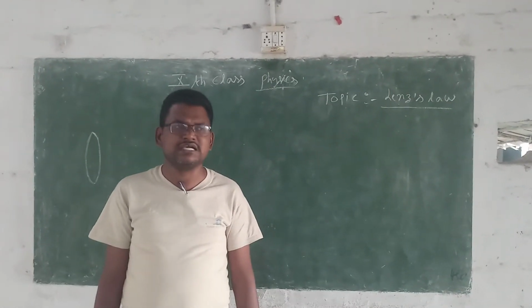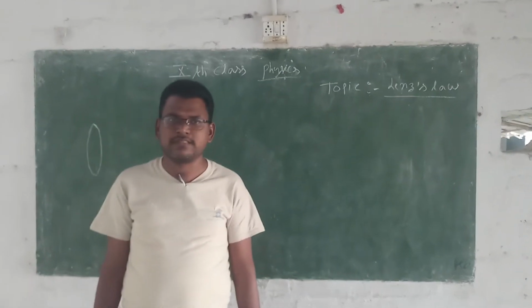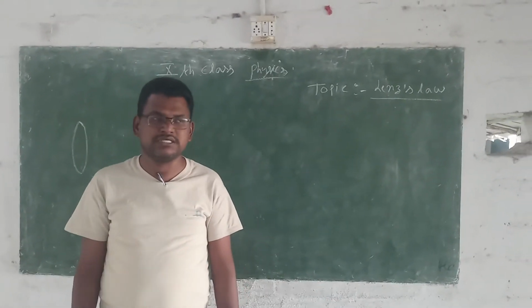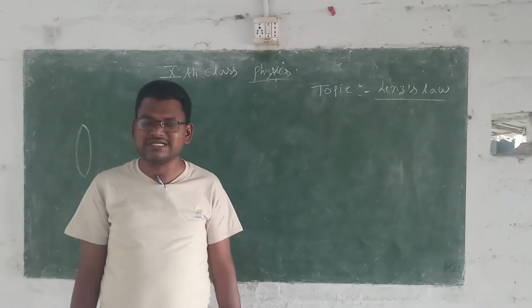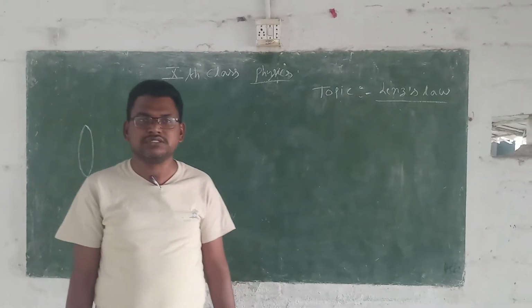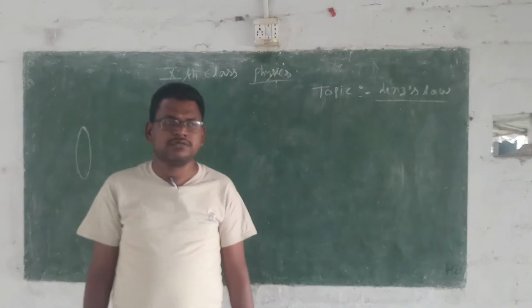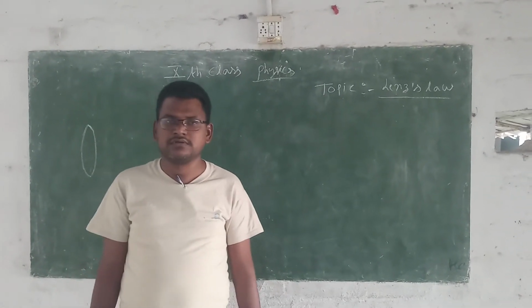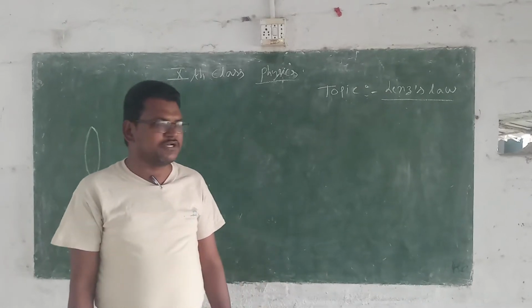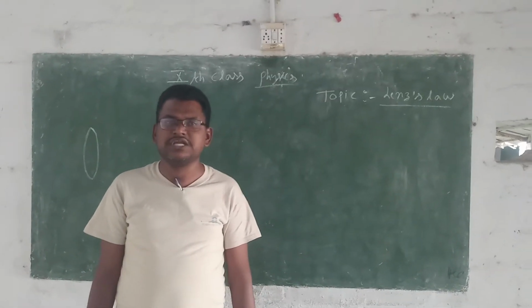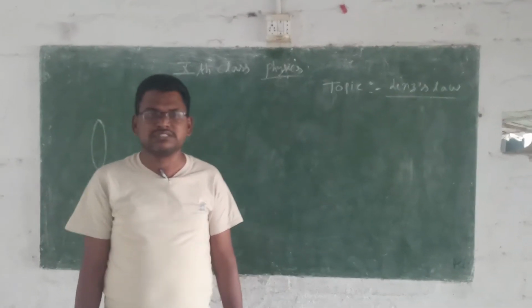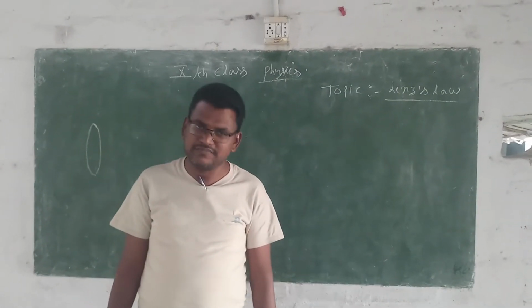In Faraday's experiments we saw that when the coil and the magnet are in relative motion, there is an induced current and an induced EMF in the coil. So what is Faraday's law of electromagnetic induction? According to Faraday's law, the induced EMF in a coil is equal to the rate of change of magnetic flux.